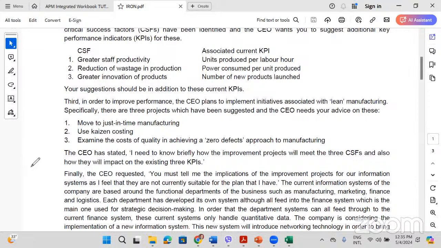Right? Kaizen is what? Continuous improvement. But here they are talking about Kaizen costing, continuous reduction in cost.